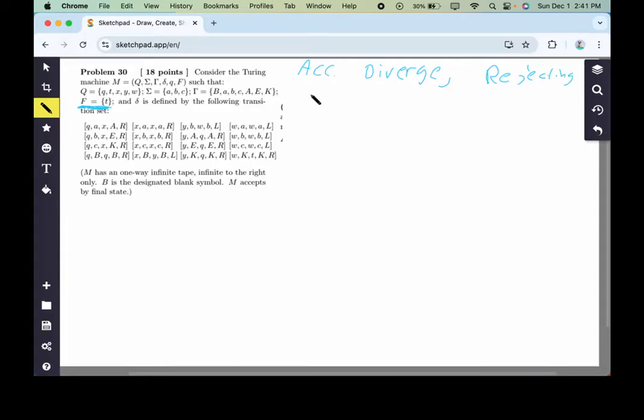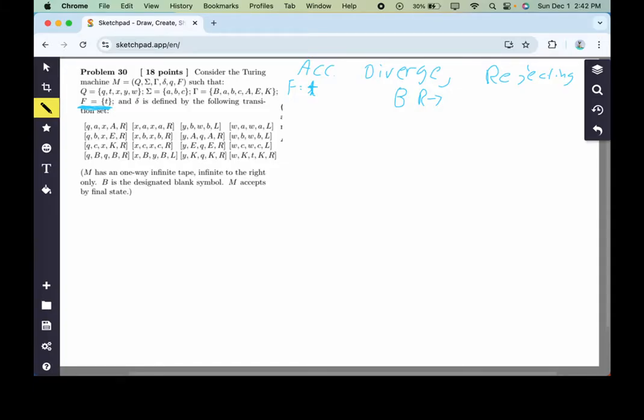Accepting means that I reach state T. This is a T, by the way. Right? Final state. You reach your final state. Diverging means we reach a blank, but this is where it's going to be different. It must be a blank going to the right, and I'm going to explain why in a moment.